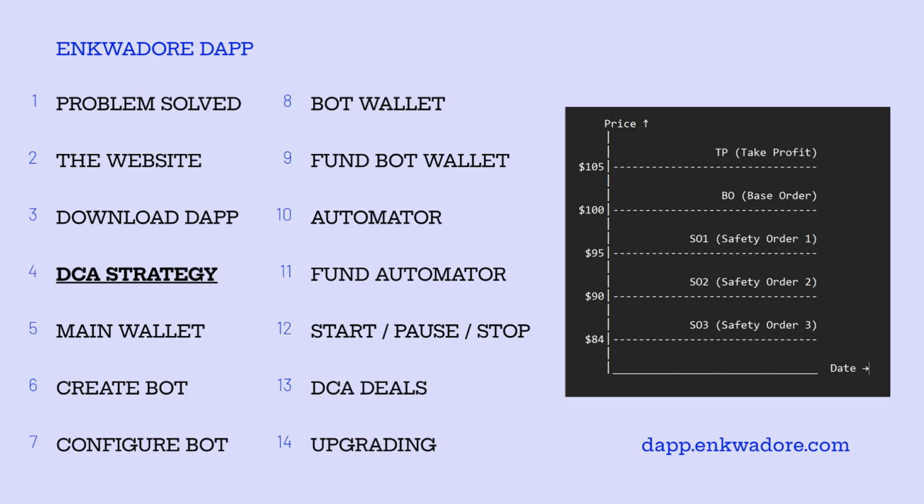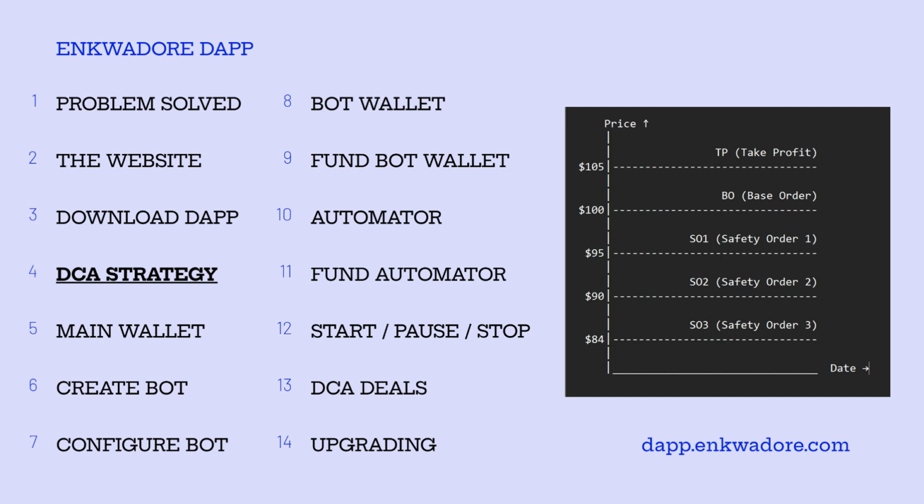So it means that when the price of that asset appreciates by 5%, you will take profit. Okay, so in the case of the bot, it will automatically take profit on your behalf.